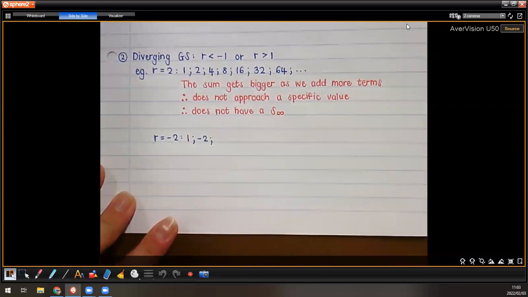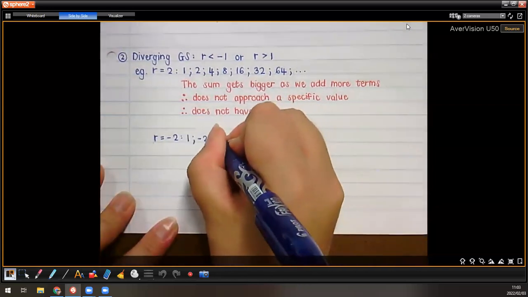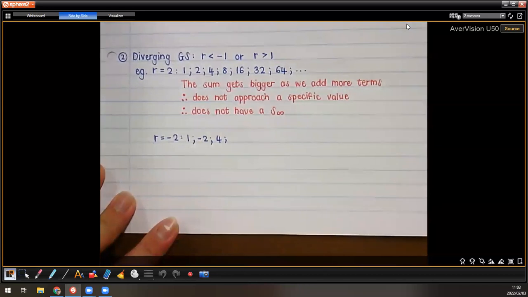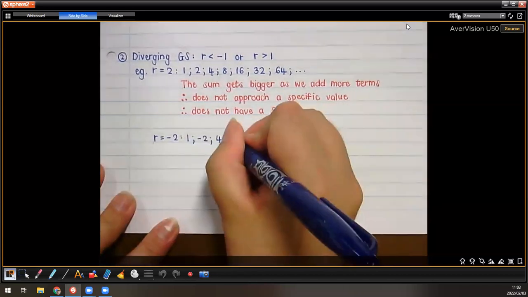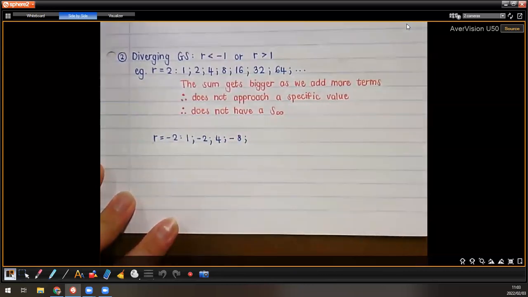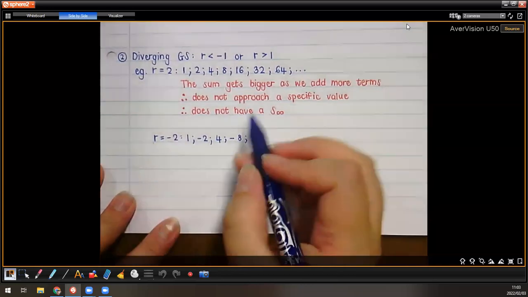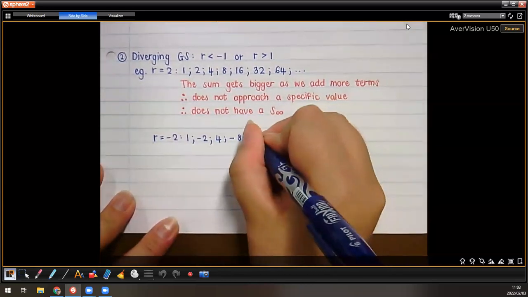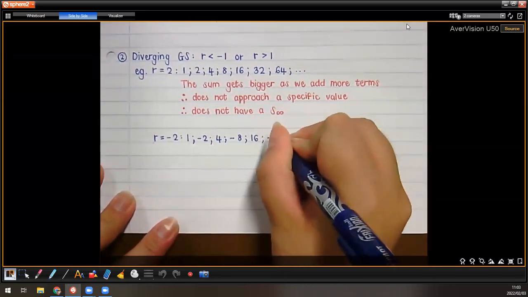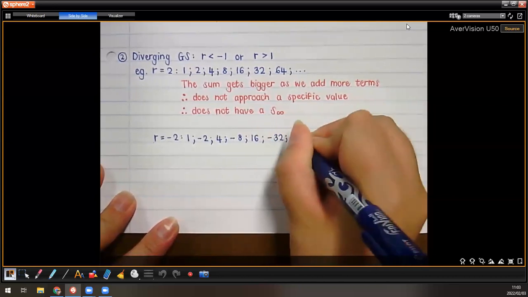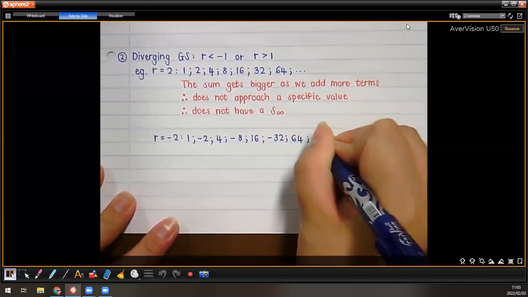But then -2 times -2 is +4. +4 times -2 is -8. Each time the sign is going to change. -8 times -2 is +16. Then we're going to have -32, +64, and so on.